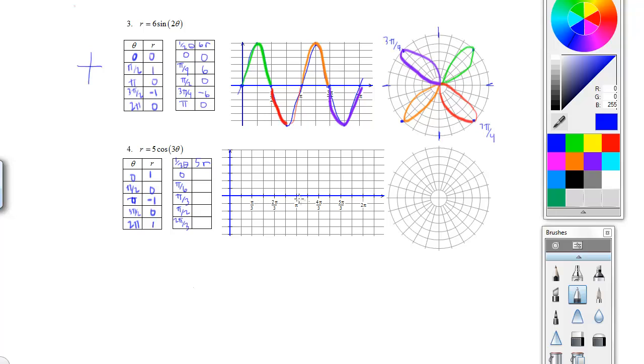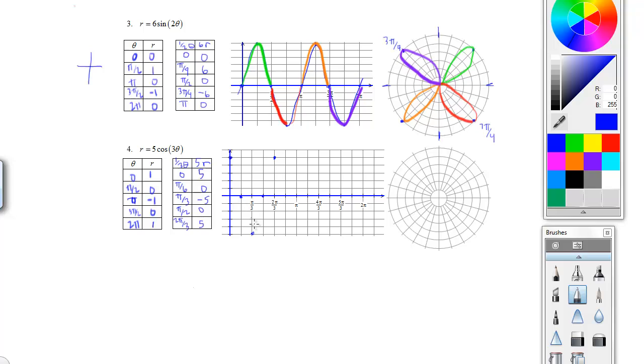So this is scaled nicely for this situation, and let's do these real fast. 5, 0, -5, 0, 5. So over 0 and up 1, 2, 3, 4, 5. Over pi over 6 and up 0, over pi over 3 and down 1, 2, 3, 4, 5, over pi over 2, which will be right here, up 0, and 2 pi over 3, 1, 2, 3, 4, 5.